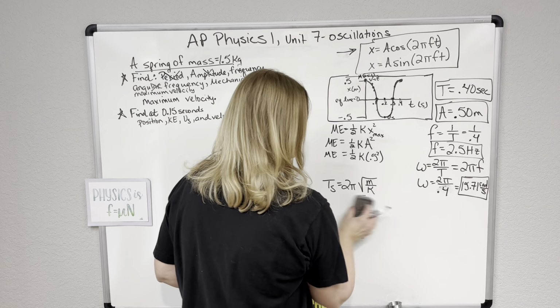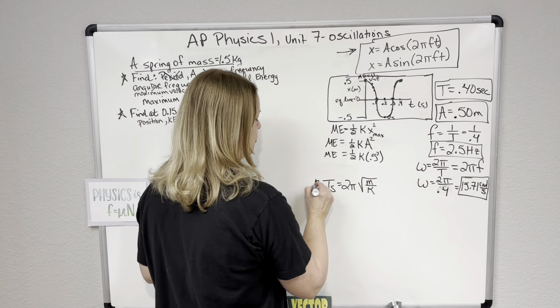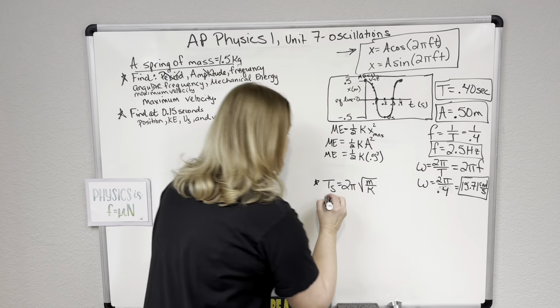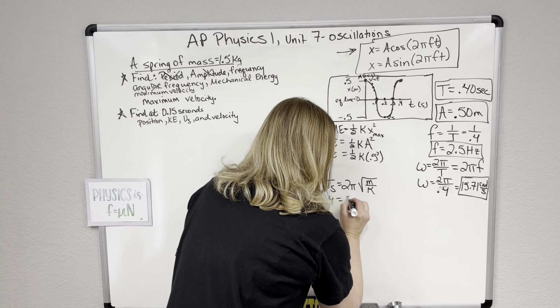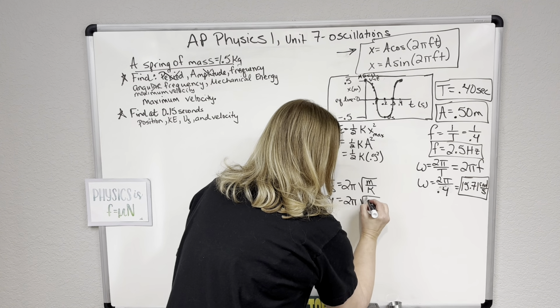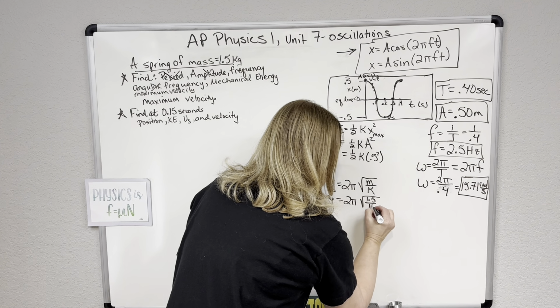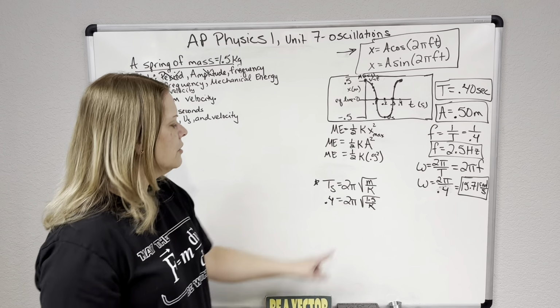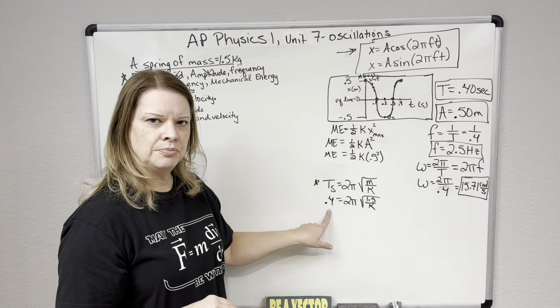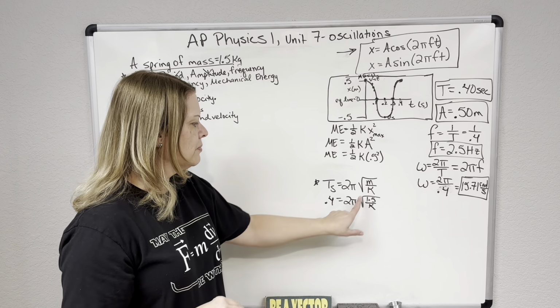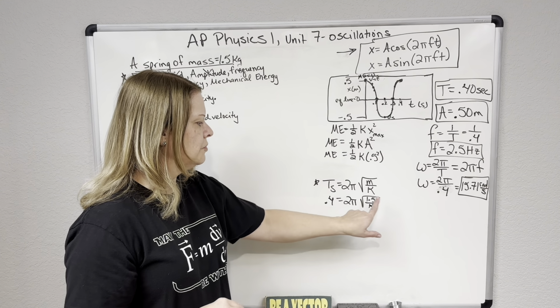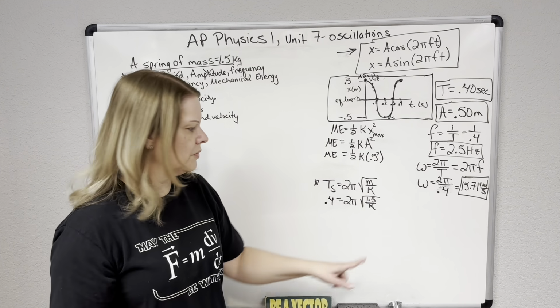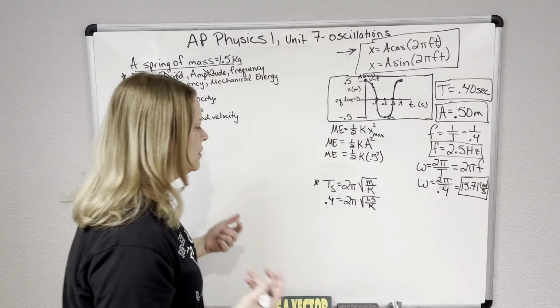I'm just going to use this one because it's on your equation sheet. I know my period is 0.4, I have 2 pi, and I have the square root of 1.5 over my spring constant. You're going to divide both sides by 2 pi. You're going to have to square both sides, because a square of a square root is just what's underneath. And then you can solve it.